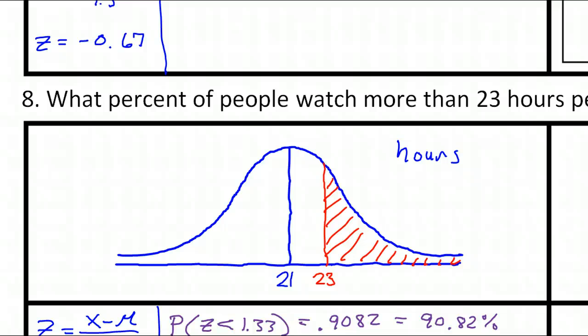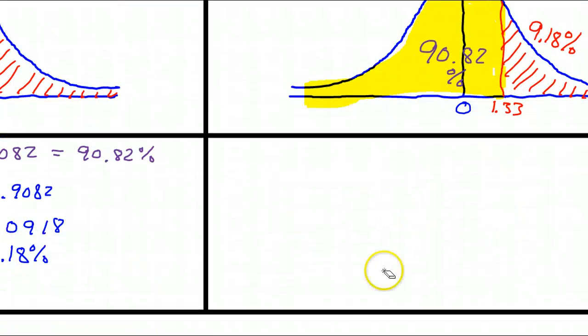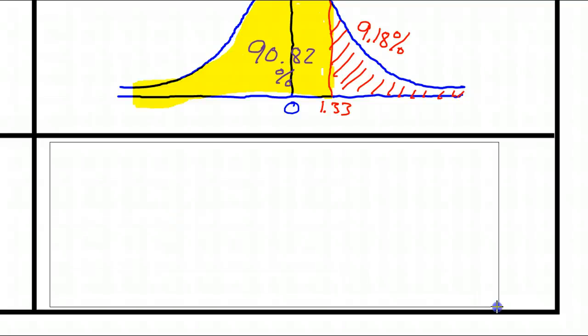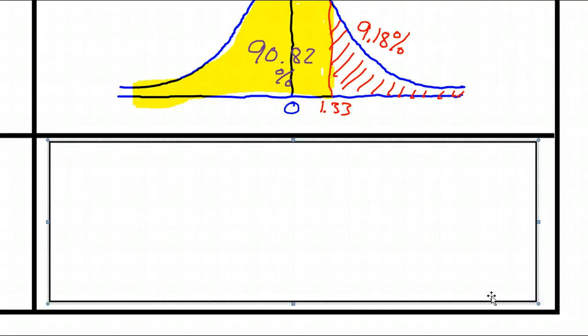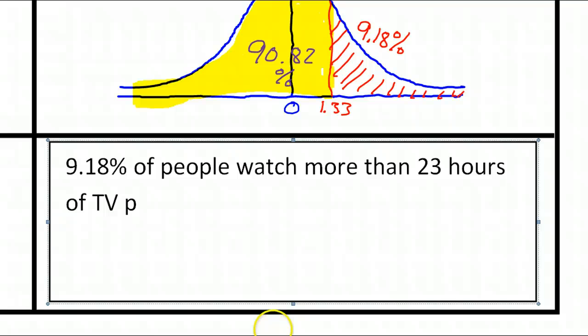What percent of people watch more than 23 hours per week? 9.18% of people watch more than 23 hours of TV per week. Alright, that's it.